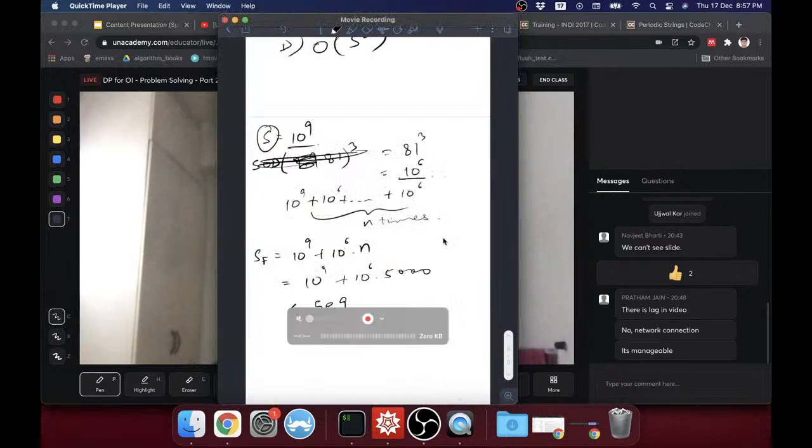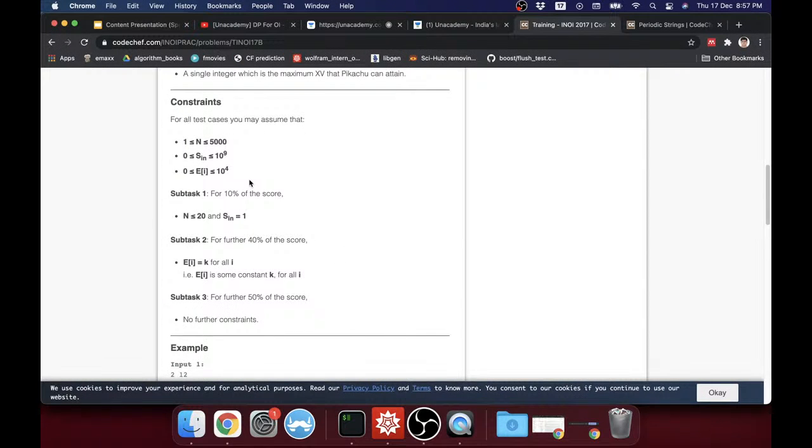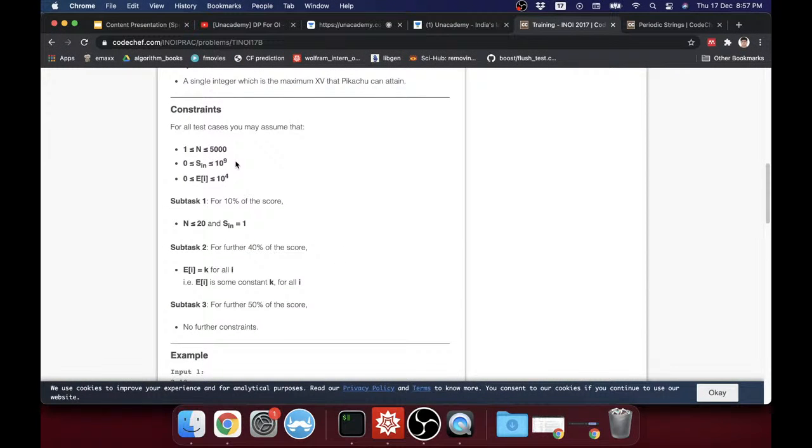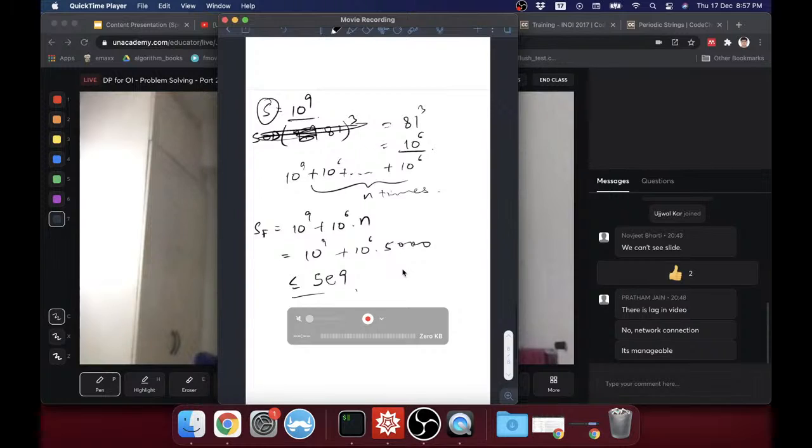Alright, but it's still pretty bad. I mean, strength is pretty big. We already saw in the question that strength is quite huge, up to 10 to the power 9. But you can notice that this works for subtask 1 probably, because for subtask 1 you increase the strength only 20 times, and it won't increase that much.